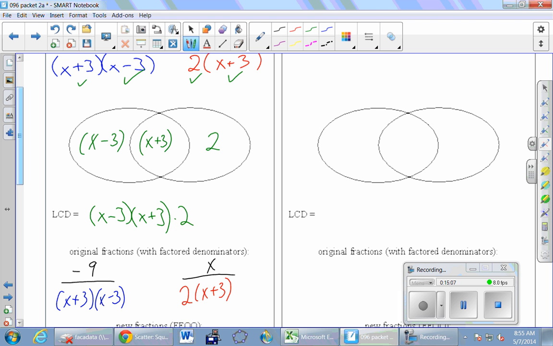Next step is to take these denominators and make them green. We need the entire LCD. Comparing blue to green, what's missing? Just the 2. So I'll multiply the bottom by 2 because that's going to give us the right denominator. Simultaneously, we multiply the top by 2 because we have to.